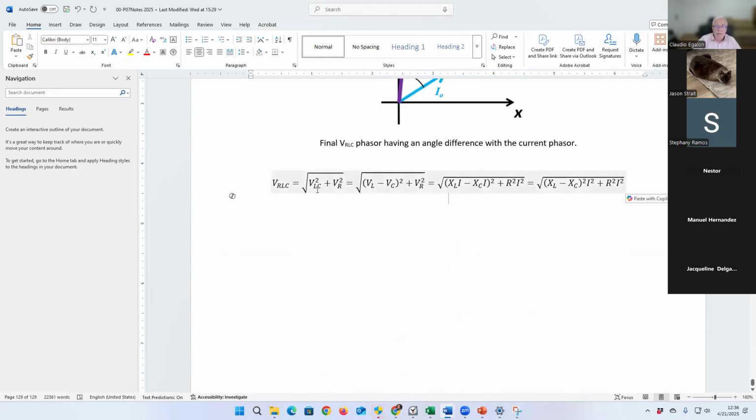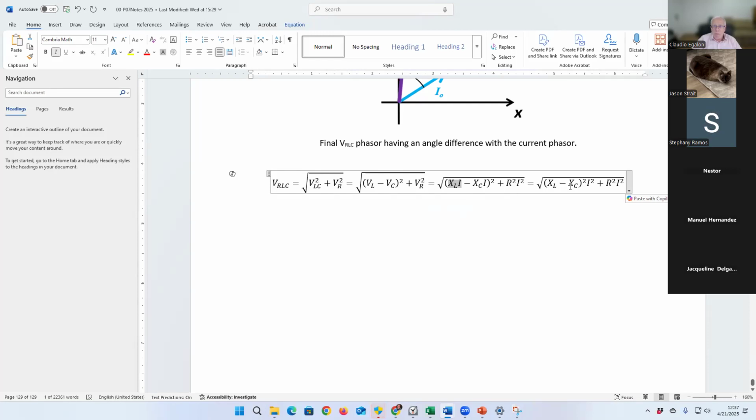But let's not forget that VLC is one minus the other, VL minus VC, or VC minus VL. And that is given in terms of the capacitive reactance and the other term that we write like in Ohm's law.